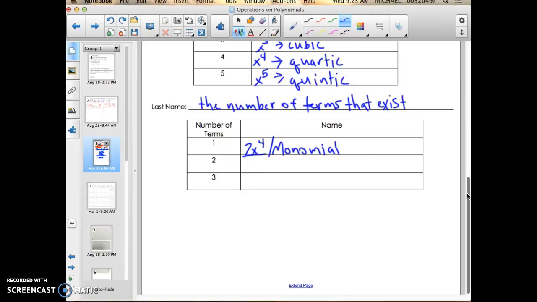I know there's a couple pieces that make up that one term, but it's just one term. If there are 2 terms, it's called a binomial, something like 7x to the 4th plus 2x. And if there are 3 terms within a polynomial, it's called a trinomial.